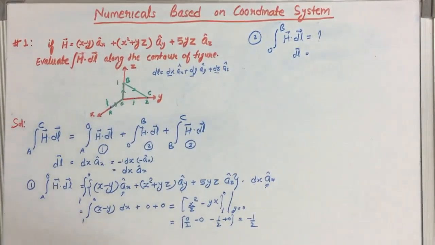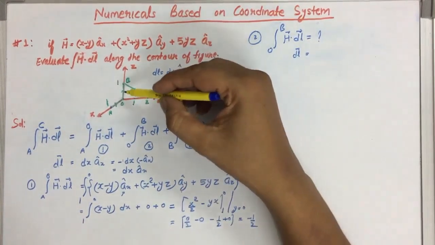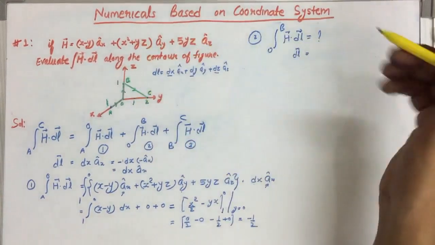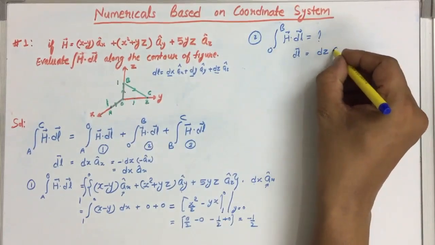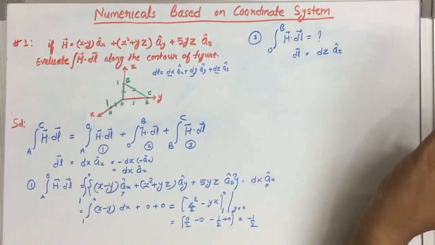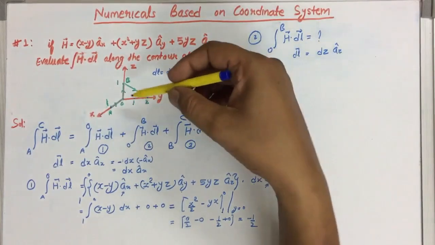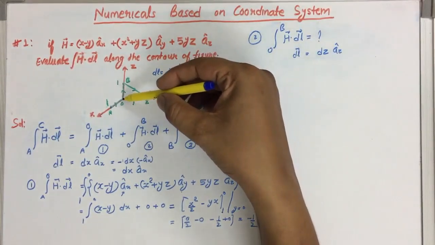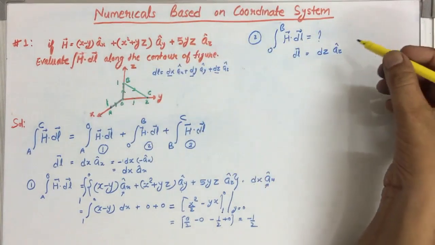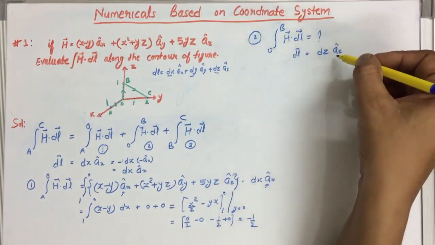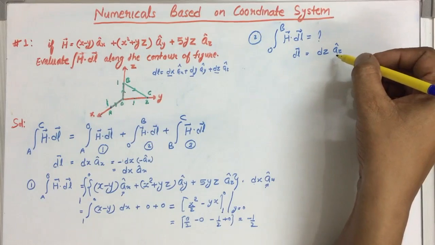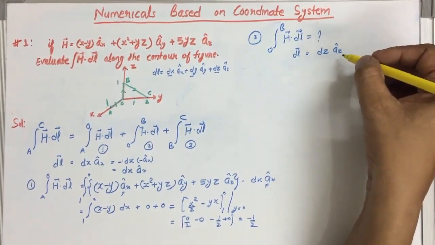We can say dl is dz az, because the vector is moving in the direction of z, and az is in the direction of increasing z. So it is dz az.